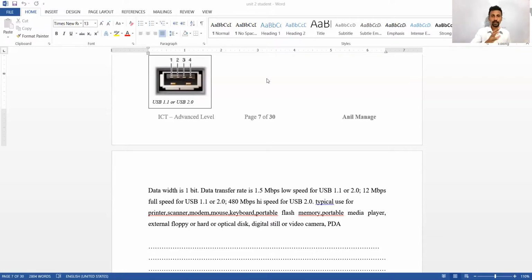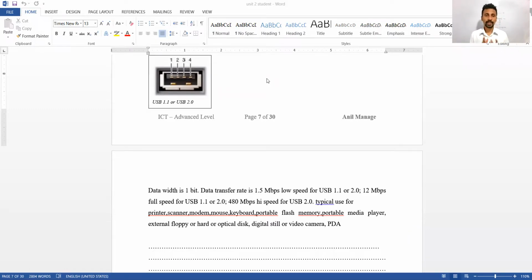In the past it was mostly USB 2, and nowadays you will be getting USB 3. The USB 3 port is a different color, so how can we recognize it, right? Most probably the color inside is blue. So if our pen drive is USB 3 and you connect to the USB 3 port on the laptop, you can get the maximum efficiency.